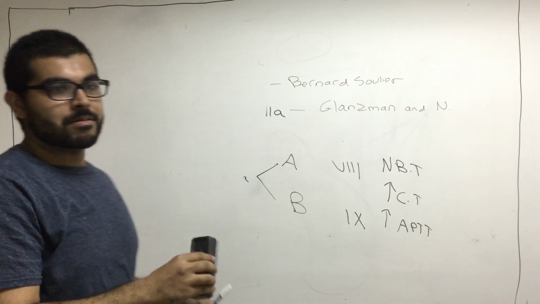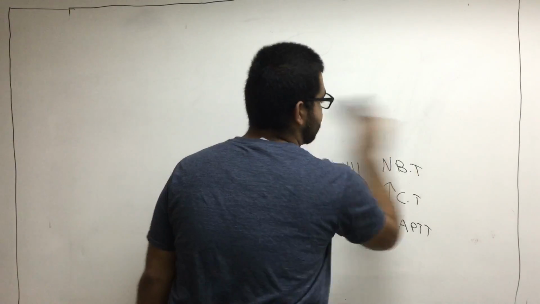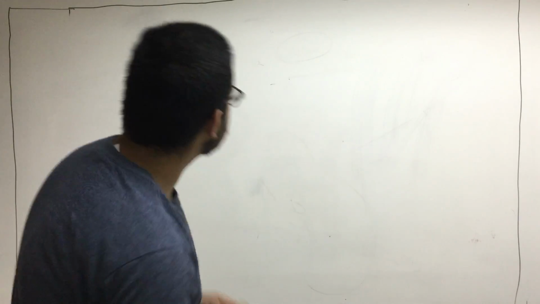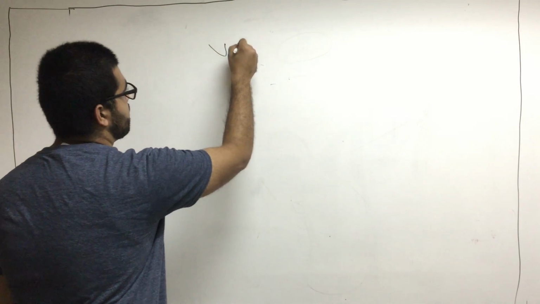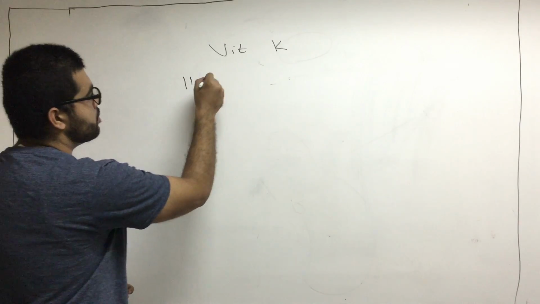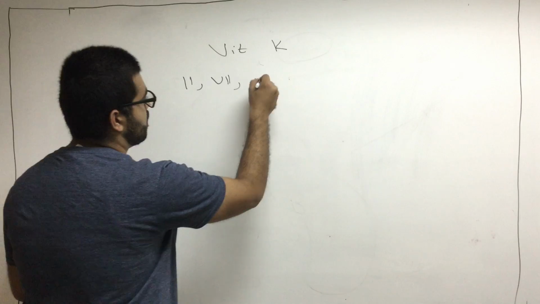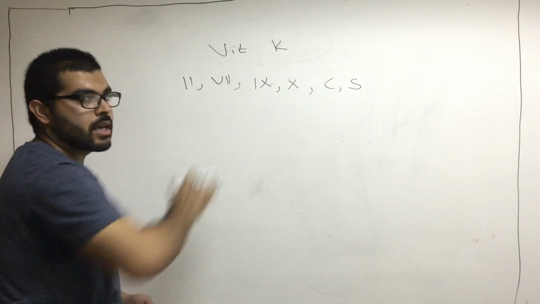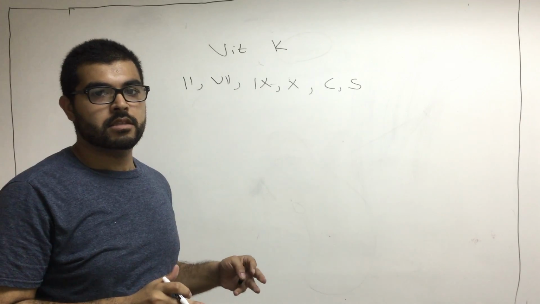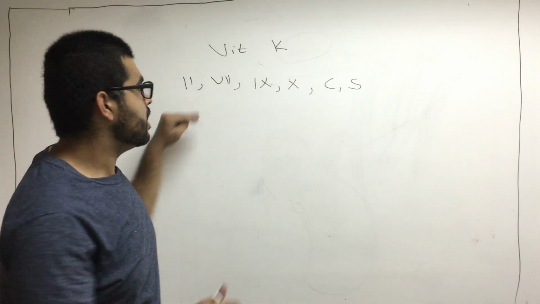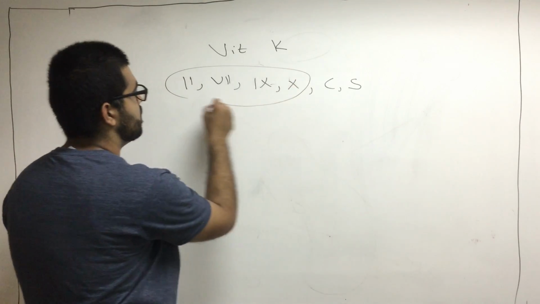Yeah, sorry it's a lot, but it's simple at least. Vitamin K: factor 2, 7, 9, 10, C and S. So these are going to make the clotting cascade, all of these.